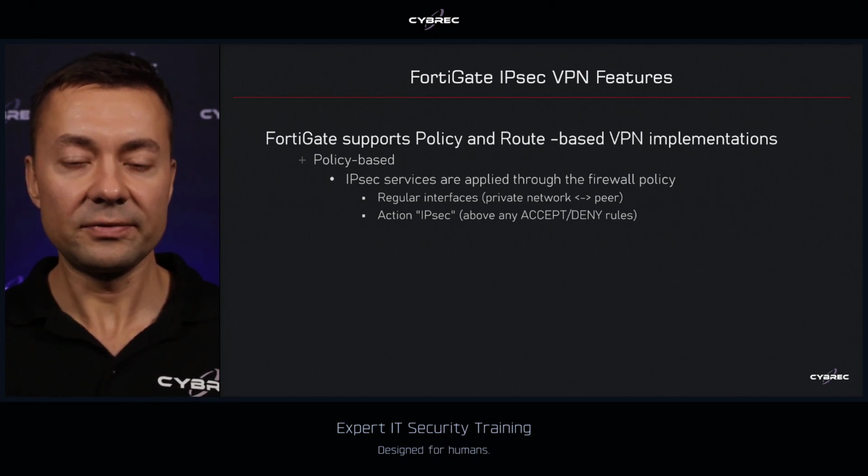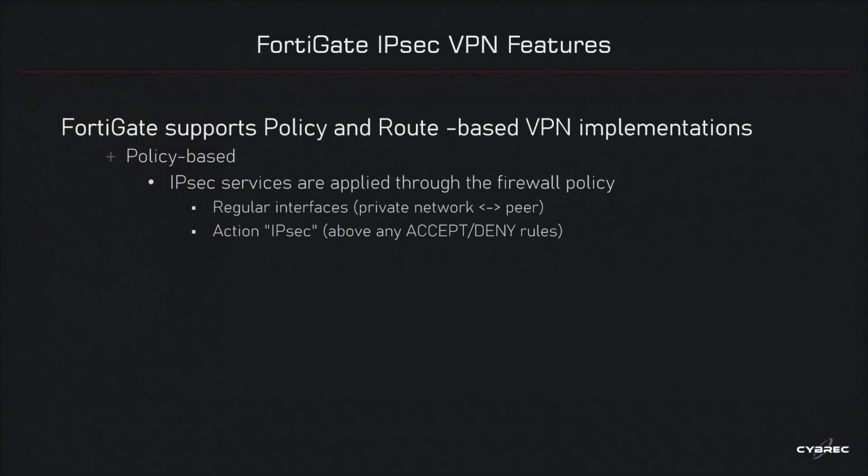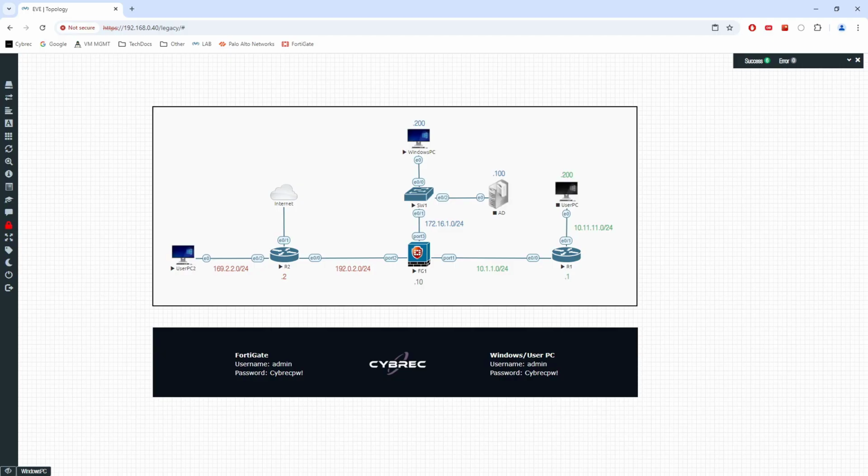So there are two different responsibilities of the policy rule with a policy-based approach for IPsec VPNs. First and foremost, tell the firewall what traffic is going to trigger the negotiation, and second, also control the traffic, or allow the packets to go through within the VPN tunnel. In this case, remote subnets would be configured to point through the outgoing interface towards the peer, which in our case would be the outside interface.